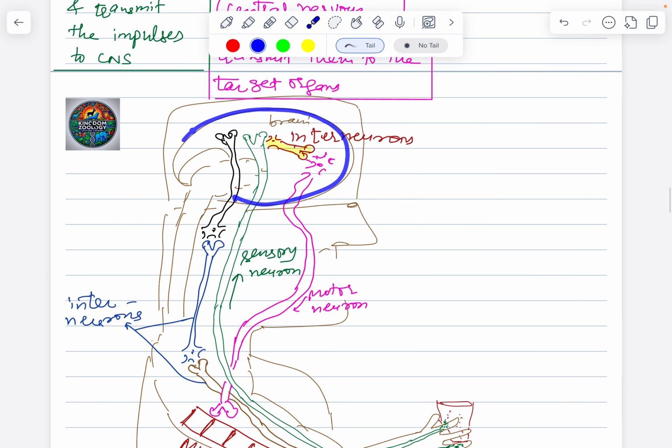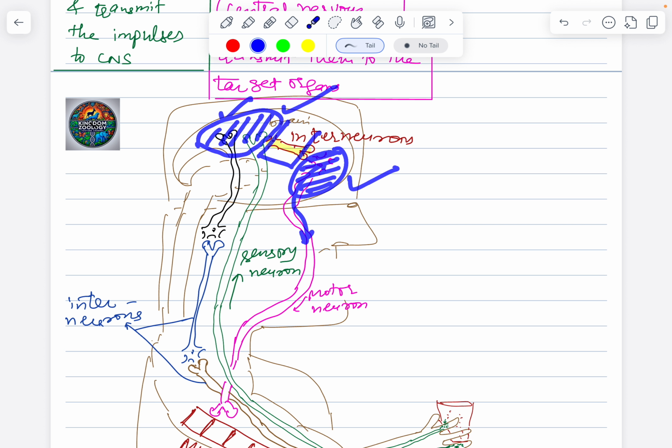If this is your brain, parts of the brain where motor neurons are arising from, these are motor parts of the brain. Parts of your brain where sensory information is being received, these are the sensory parts of the brain. What are the remaining portions called? These are called association parts.